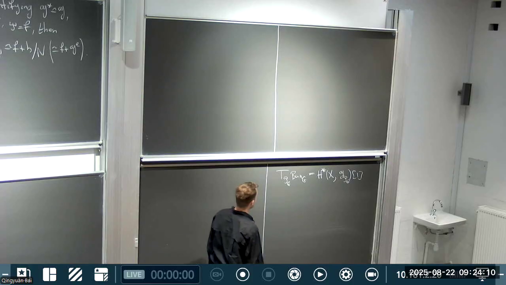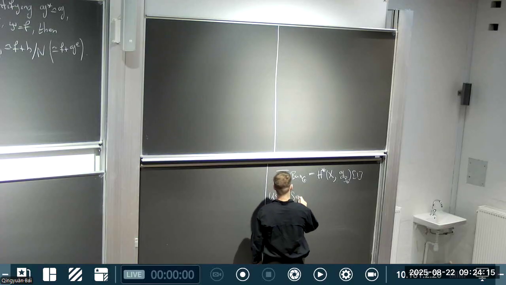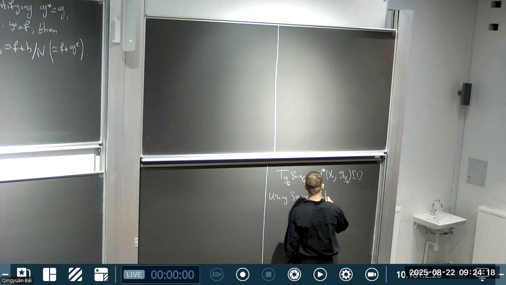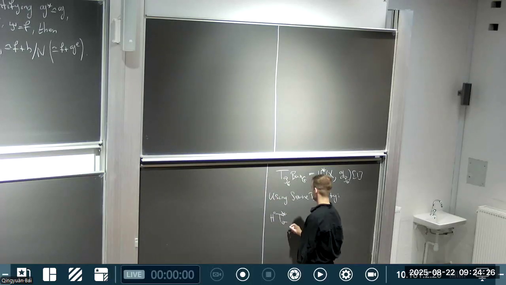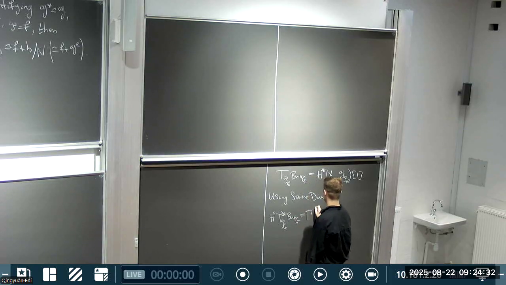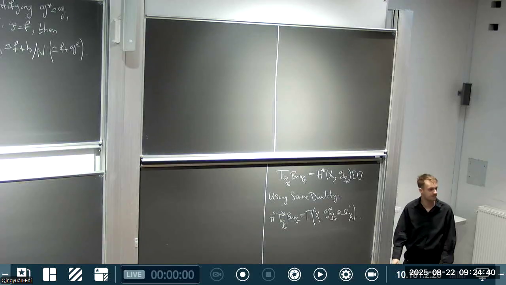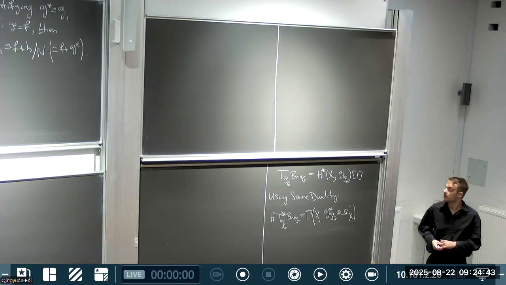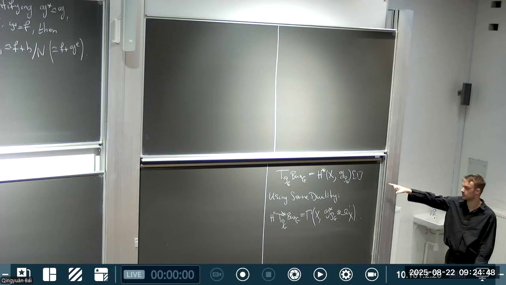And so dualizing using Serre duality, you get that the cotangent complex is exactly this vector space. And maybe we saw this on the first day. Yes, this was in the first lecture.